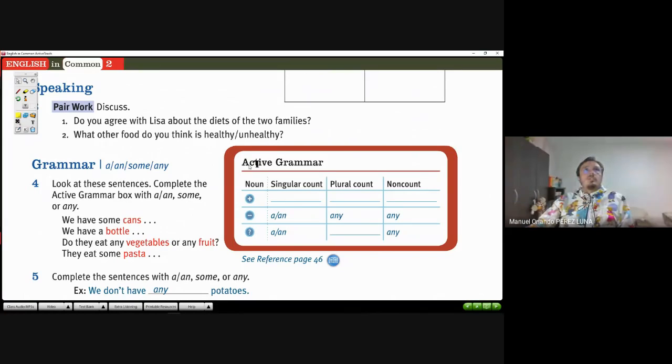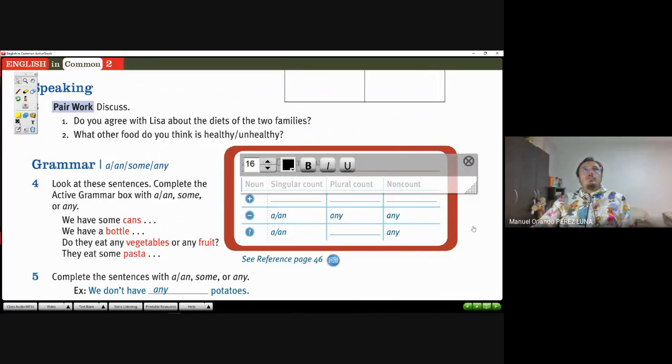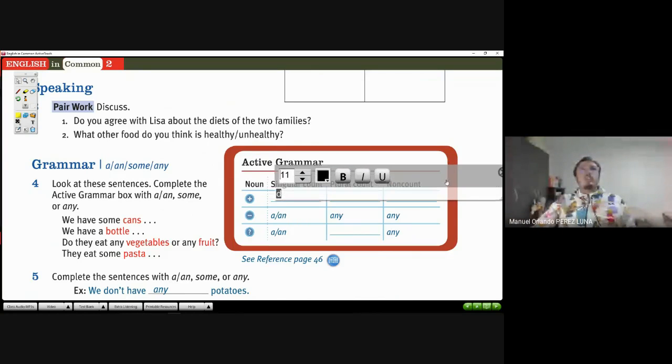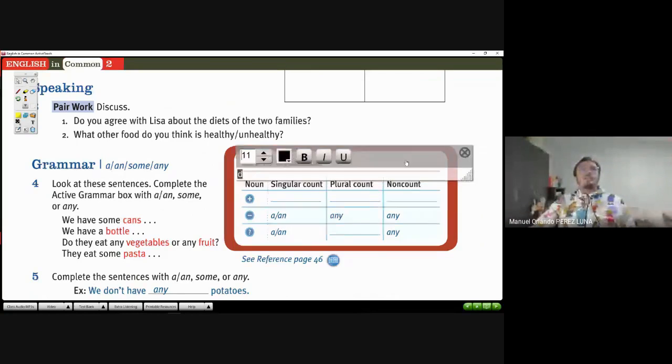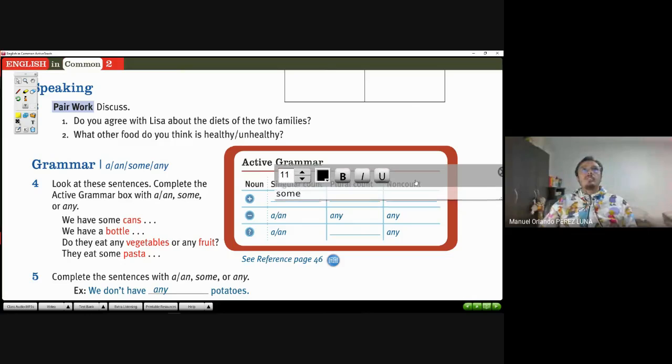So we are going to work with our board in order to complete the ebook, so we can organize with this. Okay, we got there some, singular form.